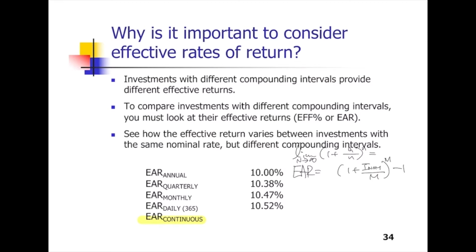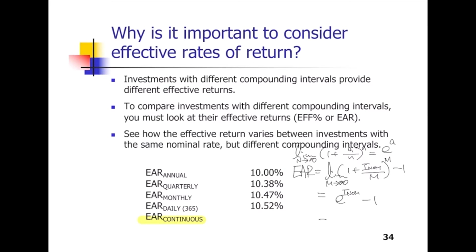Do you remember? The Euler's number, e to a. So in this case, take the limit, m goes to infinity, and then finally we get e to I nominal rate minus 1.